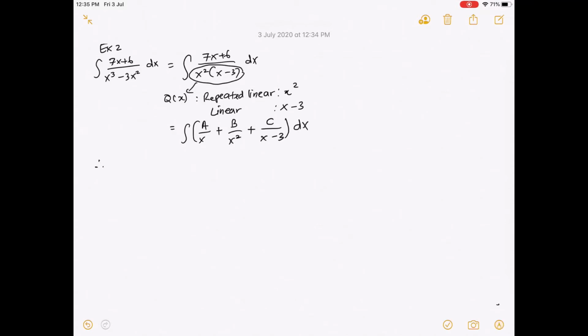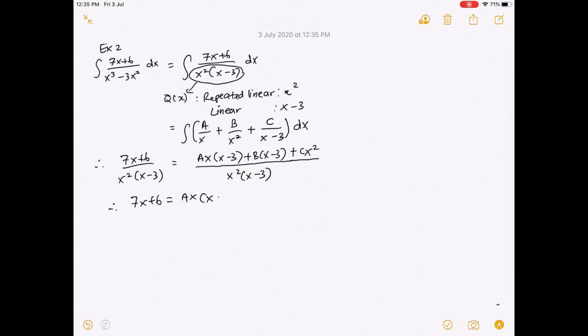Okay, so we'll have like this one. Now we can equate our numerator.